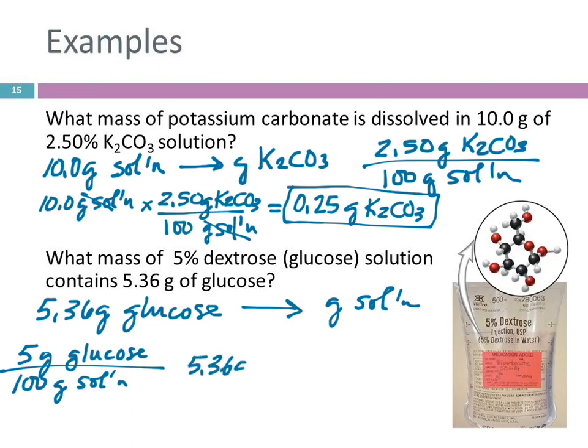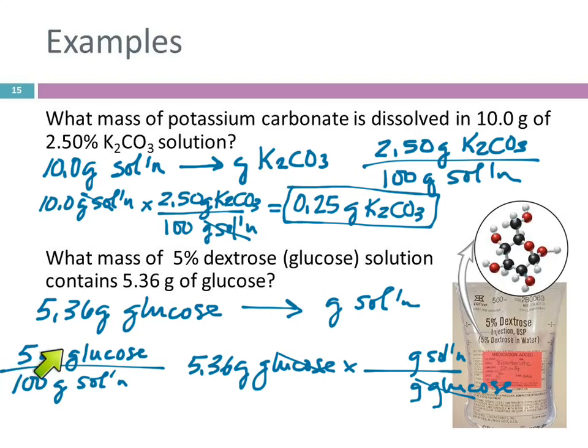5.36 grams of glucose. We want grams of solution on the top and grams of glucose on the bottom, because we want those to cancel out. Units first, and then the units tell us where to put the numbers.